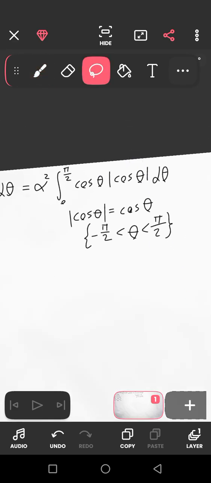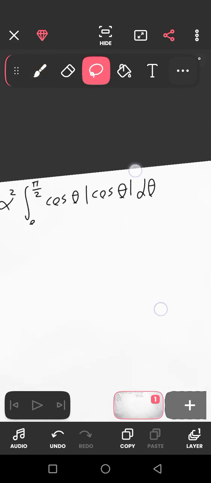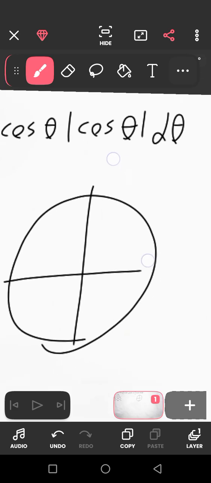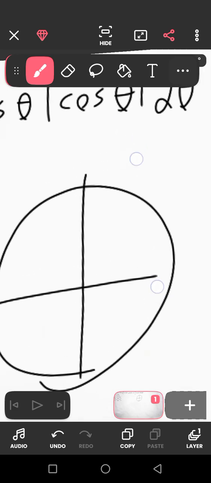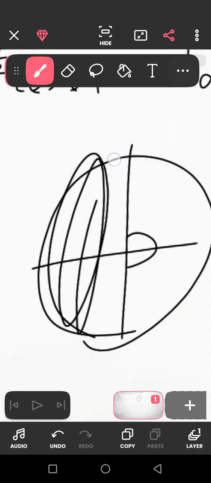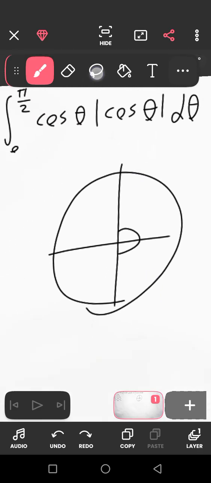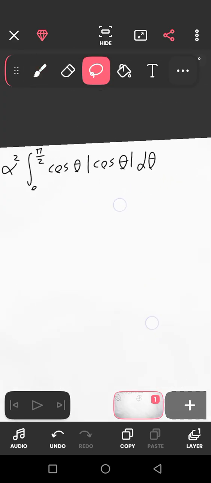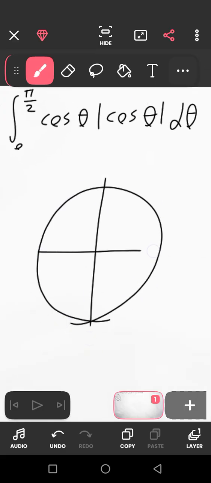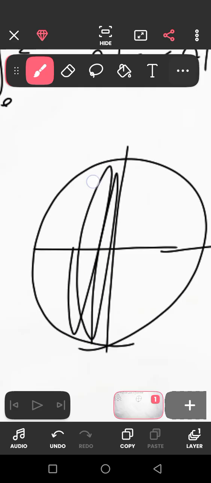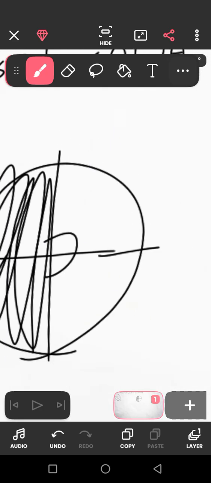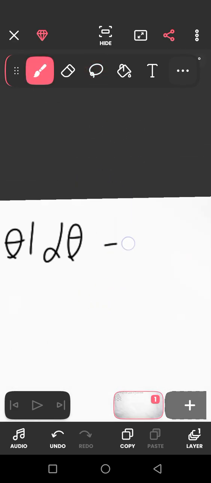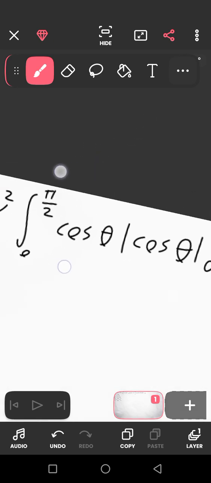It's true for all angles that lie within this range, and our integral is from 0 to pi by 2.